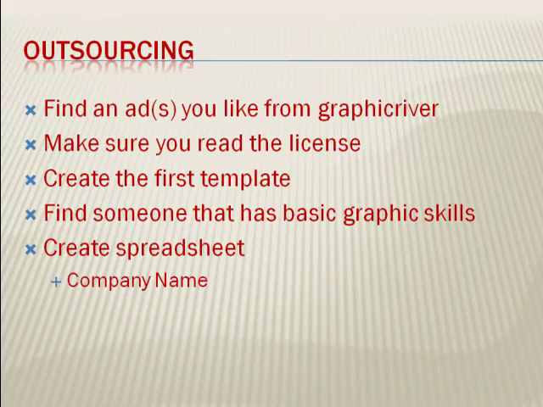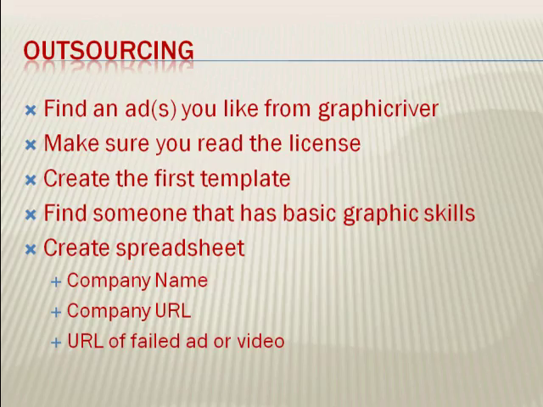But when you create a spreadsheet, it should contain the company name, the company URL, meaning the website if they have one. If they don't have one and they're using Facebook, then put that down and make sure you note that, because your goal here is to figure out what they're attempting to do.